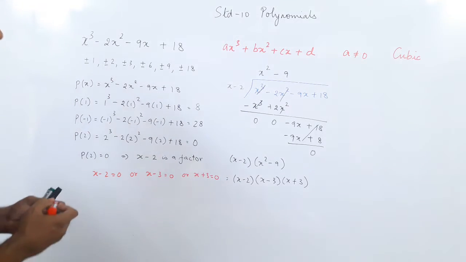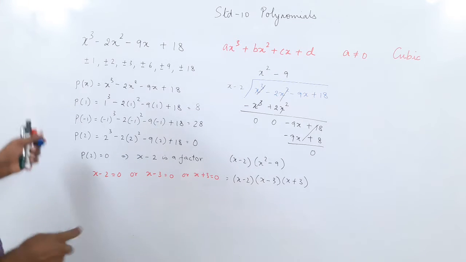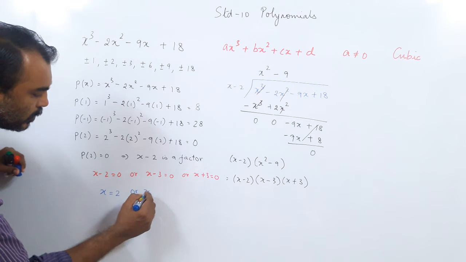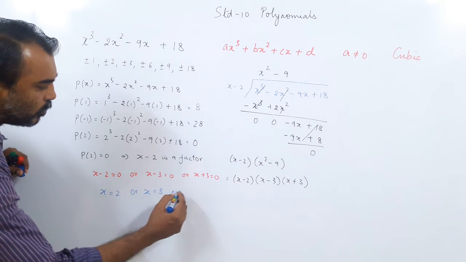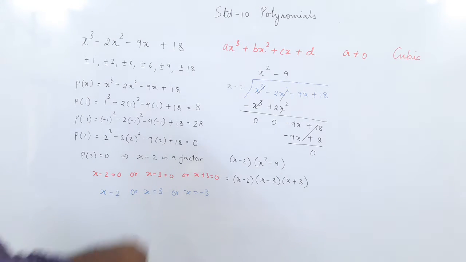When this is the case, then this polynomial will become 0. So that gives us x equal to 2 or x equal to 3 or x equal to minus 3. So here we got the three roots, 2, 3 and minus 3.